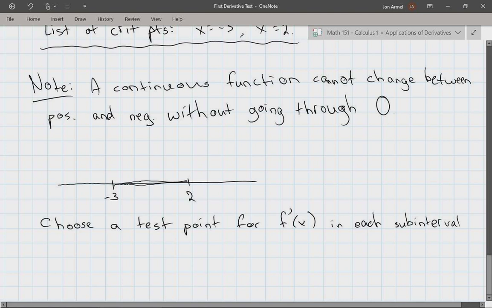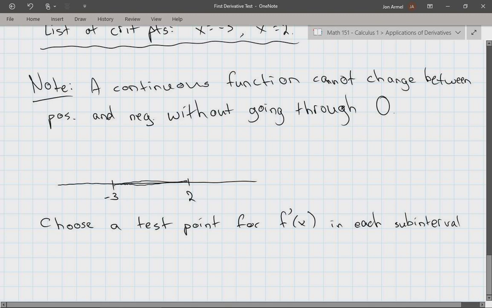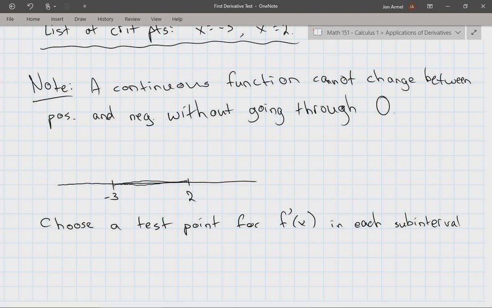It can't do some increasing and some decreasing, because if it changed between increasing and decreasing, it would have to hit 0, and we know it doesn't hit 0 anywhere inside that small interval. It only hits 0 at -3 and 2. And on the left side of -3, the derivative has to always be the same, always positive or always negative. So if I test a single point on each interval and plug that into the derivative, that tells me what the derivative is doing, not just at that point, but on the entire subinterval.